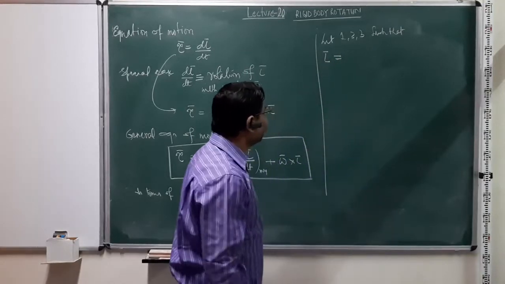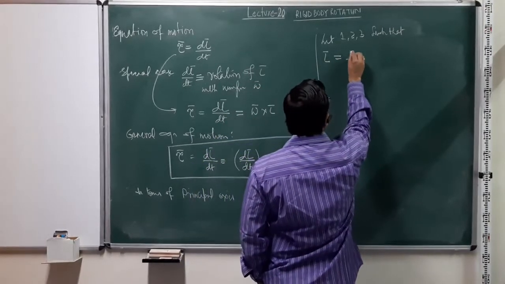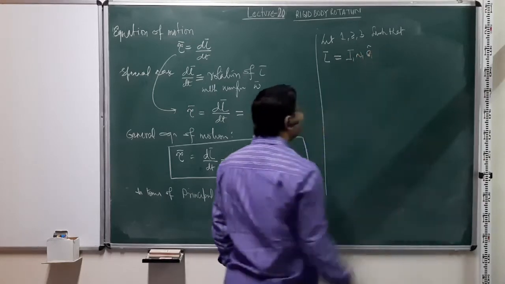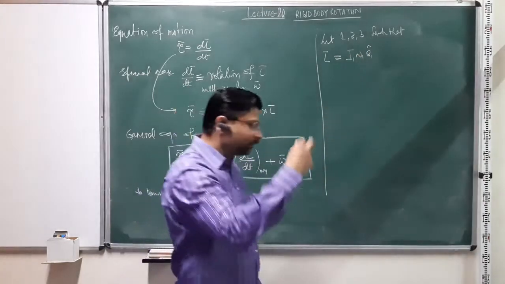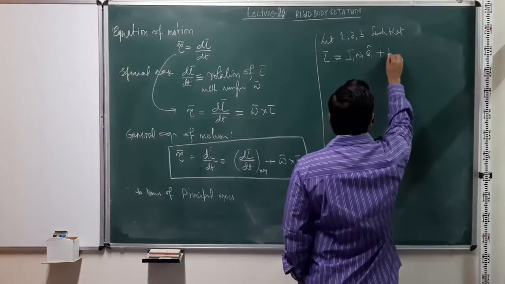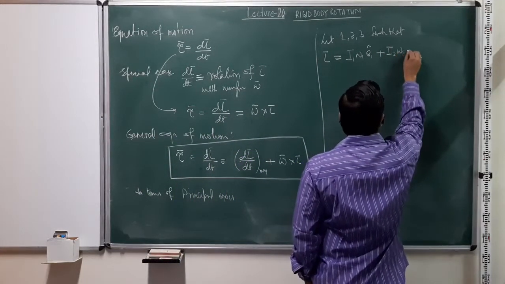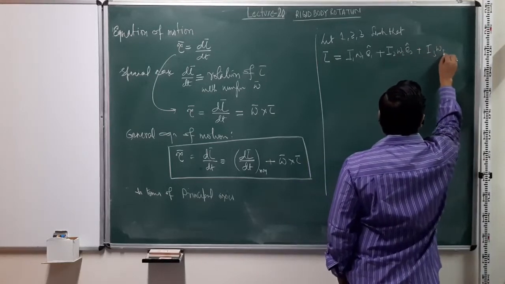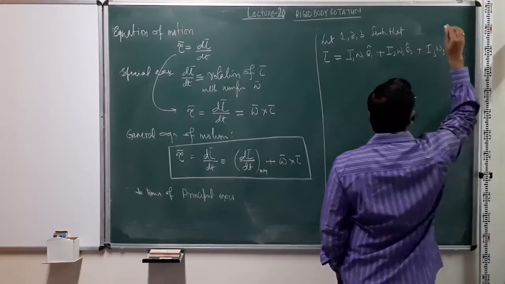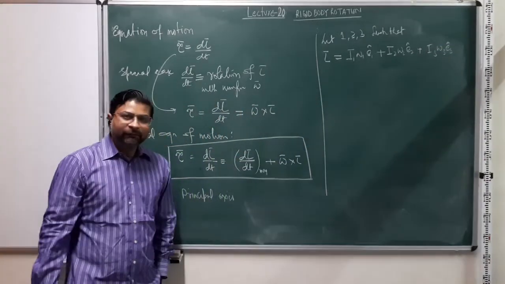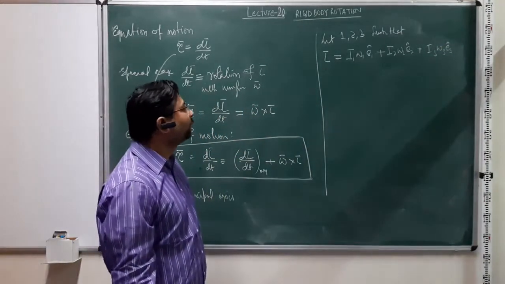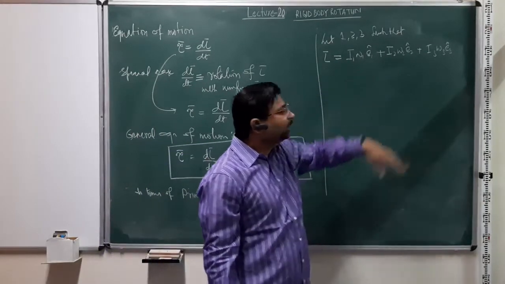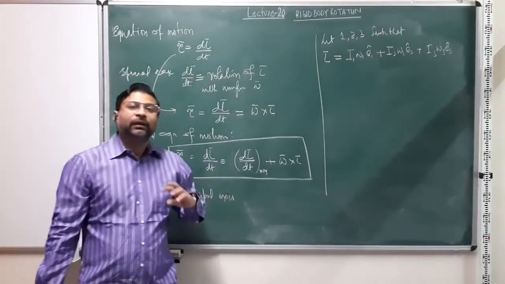Now such that the angular momentum L can be written as I1 omega 1 E1 cap, where E1 cap is the unit vector along principal axis 1, plus I2 omega 2 E2 cap plus I3 omega 3 E3 cap, right? So E1, E2, E3 are unit vectors along the three principal axes 1, 2, 3. And I1, I2, I3 are the moments of inertia along these principal axes.